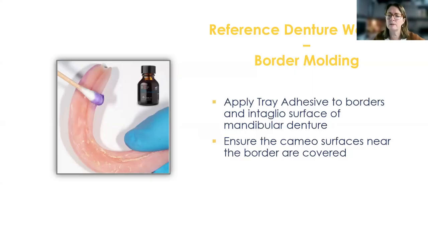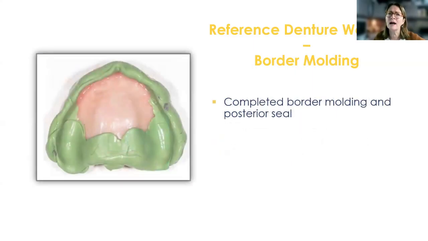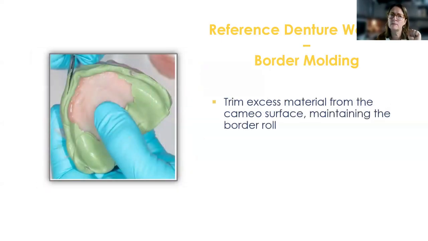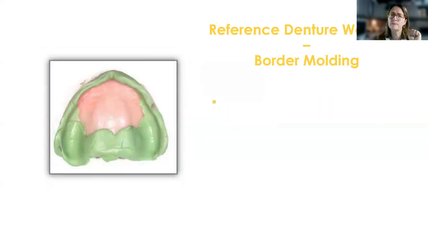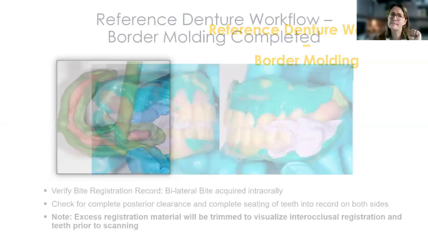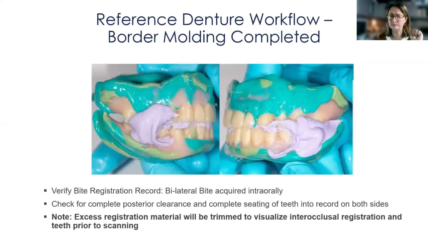It helps the material to stick. The thing that I really like about this workflow, and this is the border molding section, is heavy body first, then a light body wash, and then the bite registration.